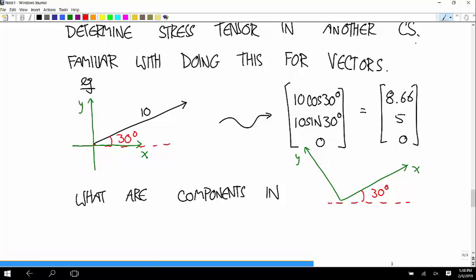Well, it's pretty easy to see what it should be, because in the new coordinate system, this vector just points straight along the x-axis. So the components of that vector in this coordinate system should be 10, 0. Okay. Everyone with me on that? But the question is, how do you do that calculation?